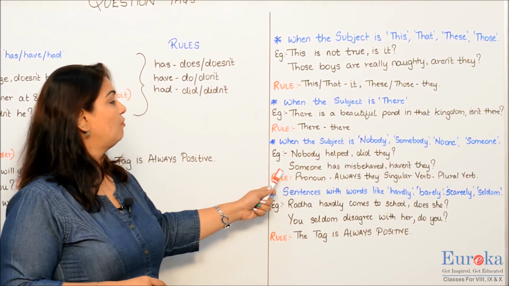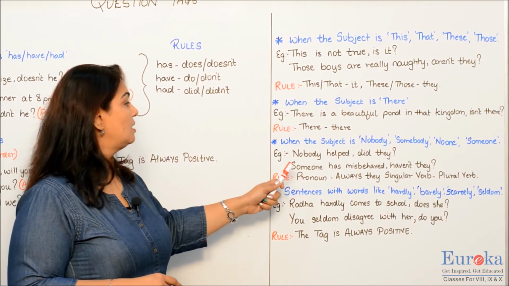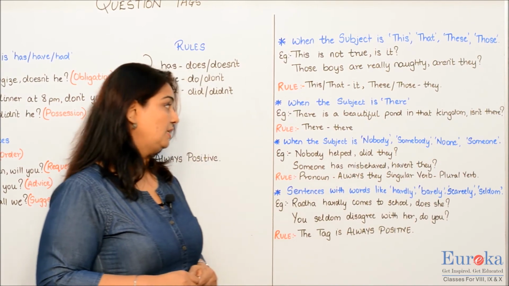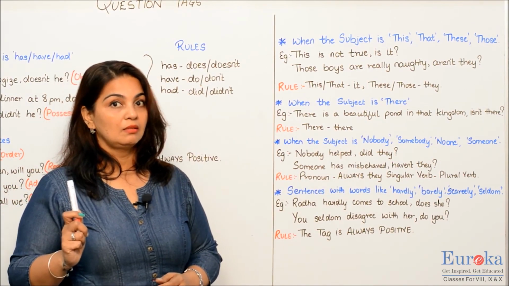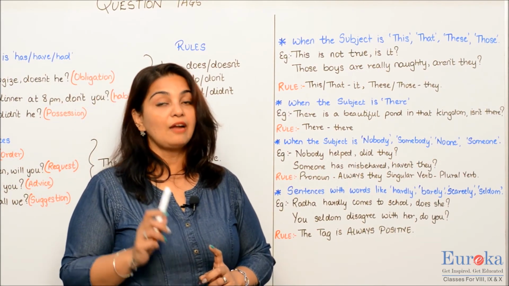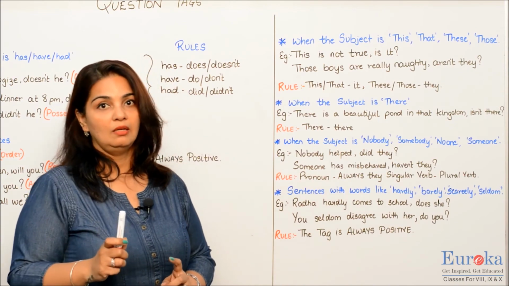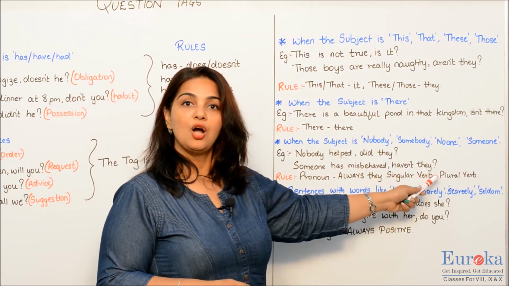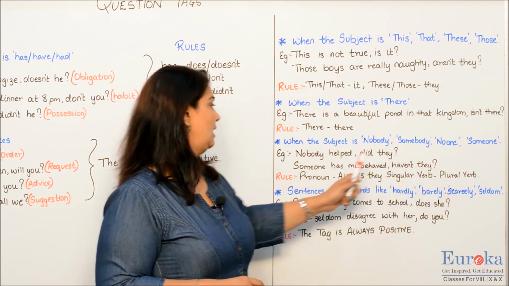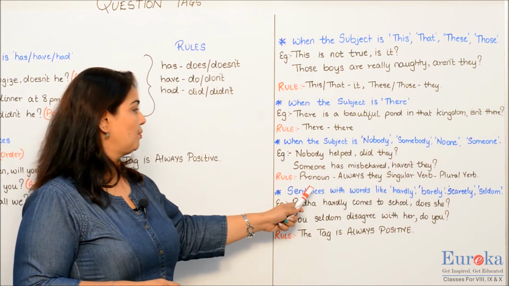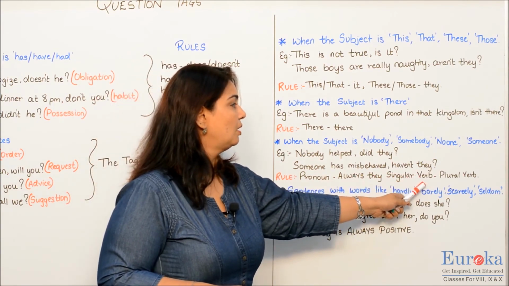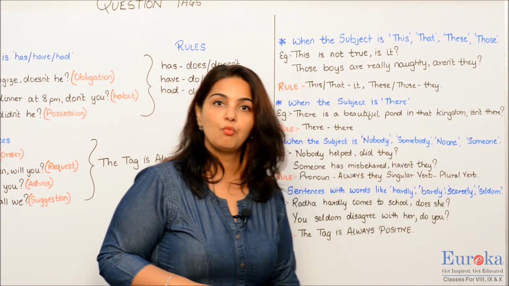Same thing over here in the second example. Someone has misbehaved, haven't they? That means someone, from a group of people, and from there someone. So over here again the question tag will end with the pronoun they. So let's look at the rule. The pronoun is always they, with a singular verb and a plural verb.